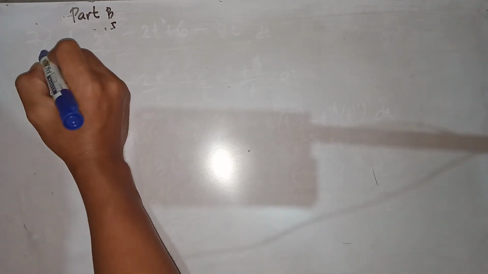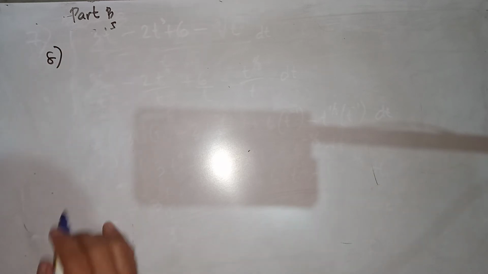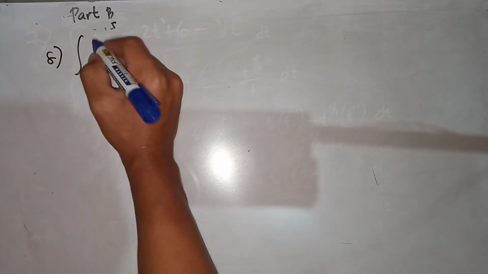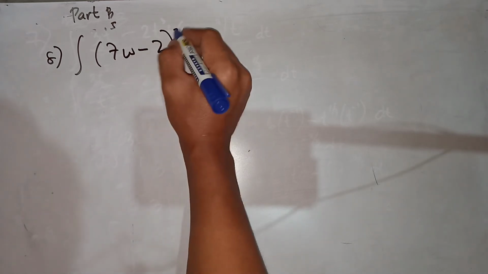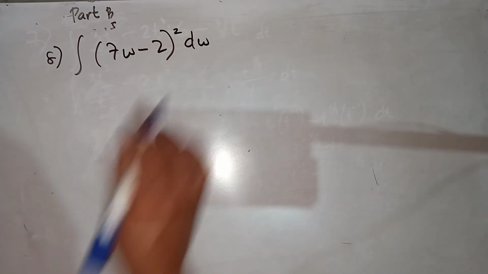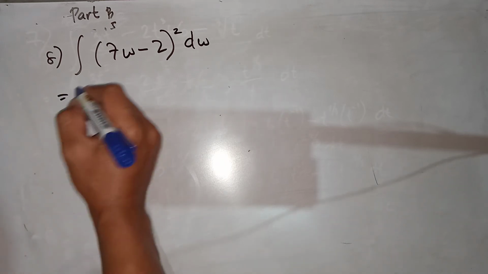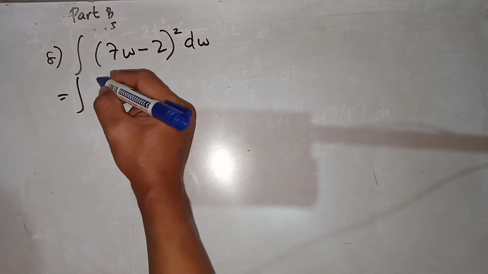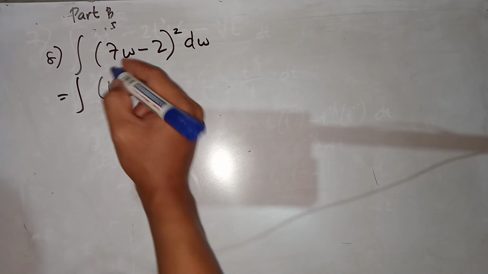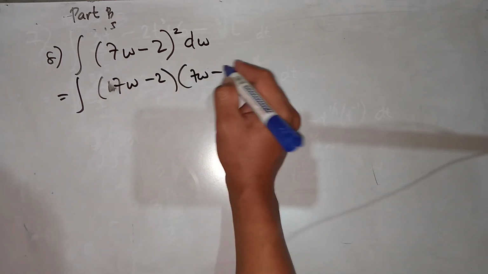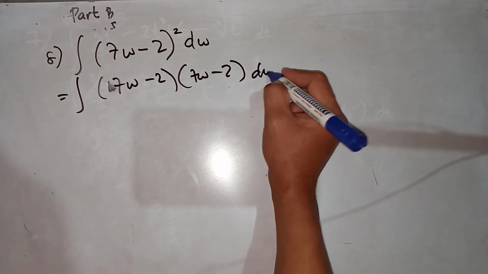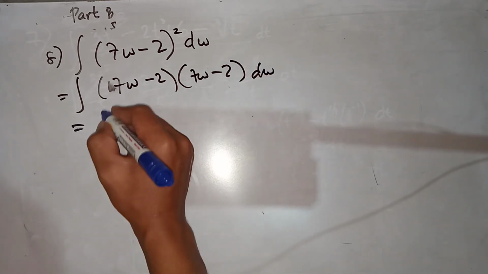Item number 8, we have the integration of 7w minus 2 squared dw. What I'm going to do is to rewrite this, expand this into 7w minus 2 times 7w minus 2 dw, and use the FOIL method.